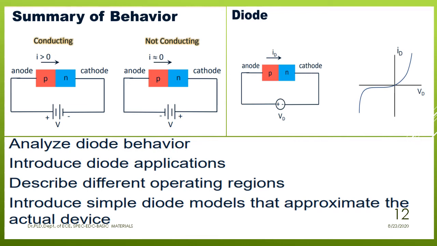Then the diode acts as a switch, and then as a clipper and clamper. These are the applications of a diode. The different operating regions are forward bias and reverse bias. Basic regions are considered with the cut-in voltage in forward bias, and in reverse bias it allows a reverse saturation current. After crossing a particular level of the input voltage, a reverse breakdown occurs, which we can observe in this behavior of a PN junction diode in reverse bias.